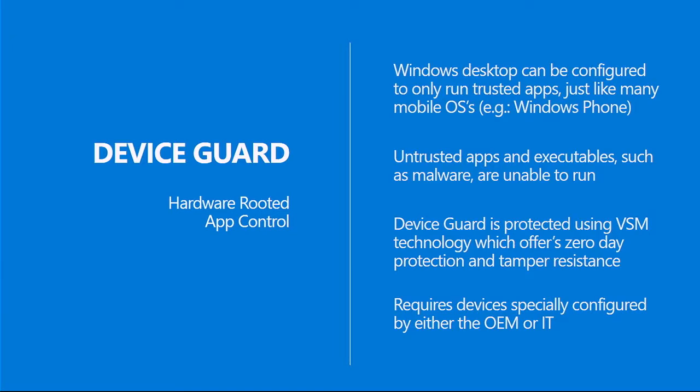And so if you think about the way things work on the mobile platform, say, Windows Mobile or Windows Phone, traditionally the only way that you get apps onto those platforms is through the store, with these signing certificates. And this is kind of similar to how Device Guard works.